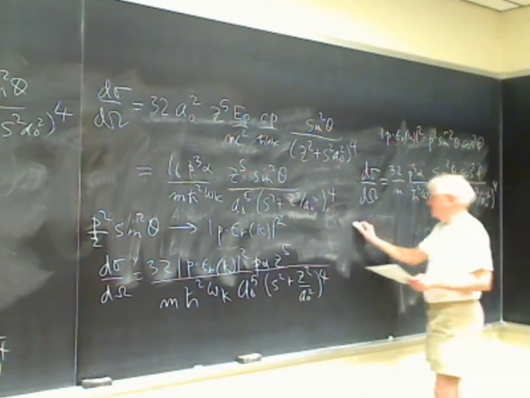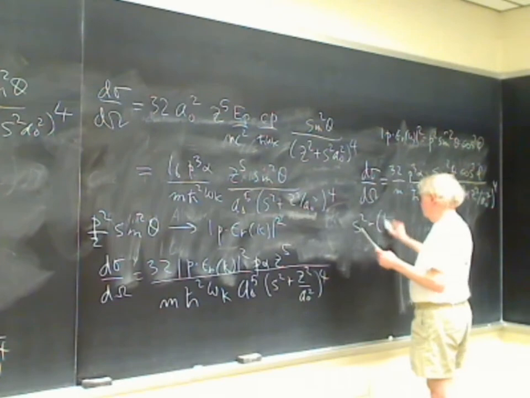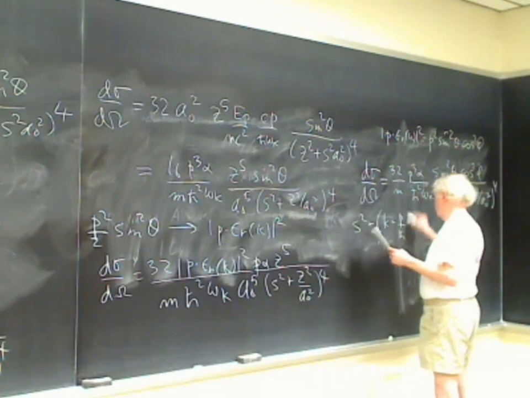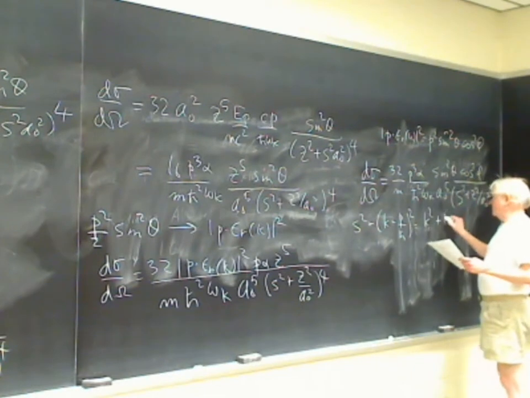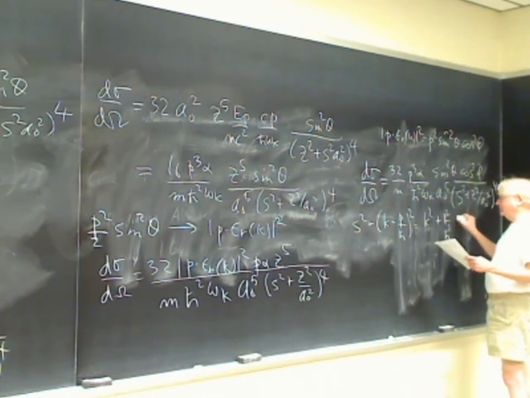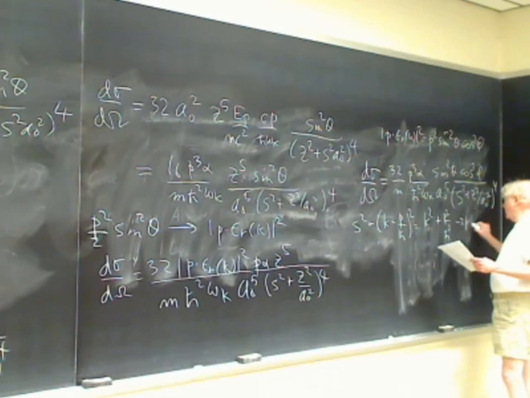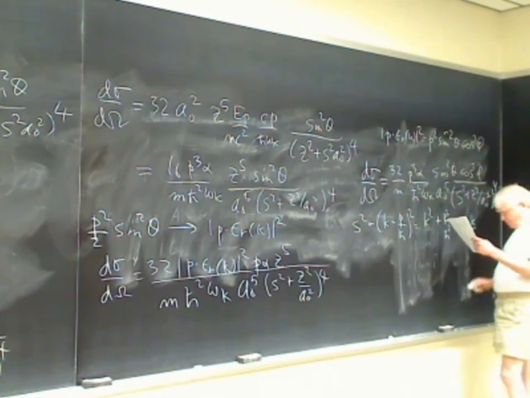And remember, s squared is equal to k minus p over h bar squared, so that's k squared plus p squared over h bar squared minus 2 p dot k over h bar.